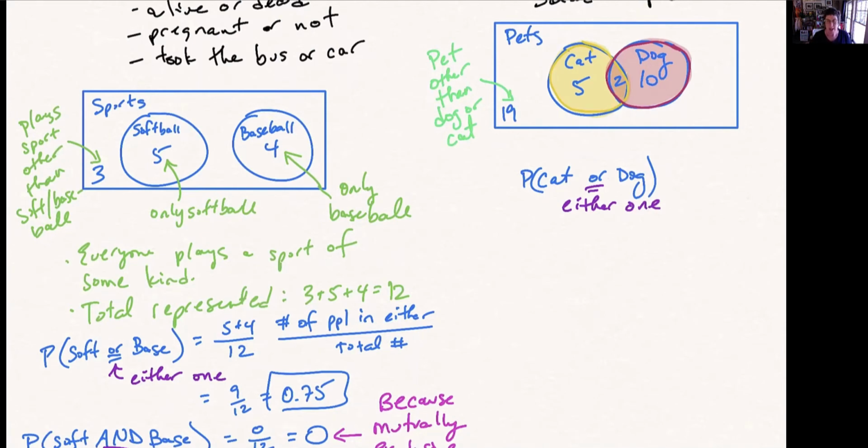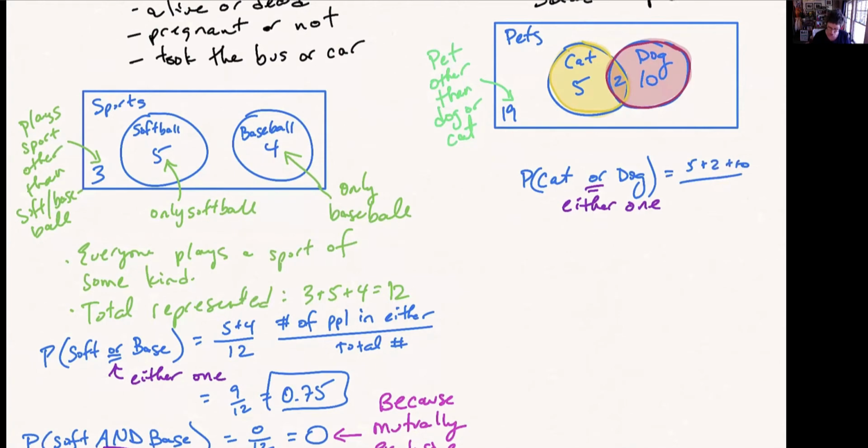We don't really need a formula or anything. We can just use our Venn diagram. We're looking for anyone who's in either the dog circle or the cat circle. So we're talking about these 5 people here, these 2 people here, and these 10 people here. So that's 5 plus 2 plus 10 out of that total.